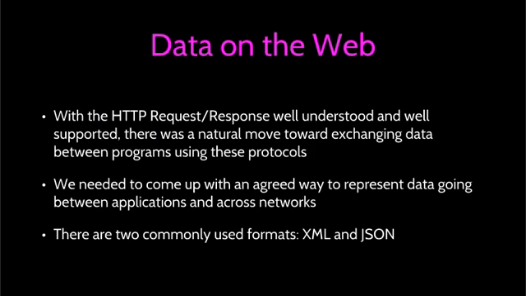There are two general formats in which a web service responds to you. It can be either XML or JSON. And you can pass the variables in the URL or as a post.